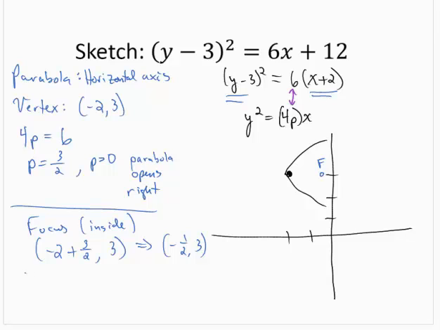The directrix, which is outside the parabola, is going to be p units outside the parabola.